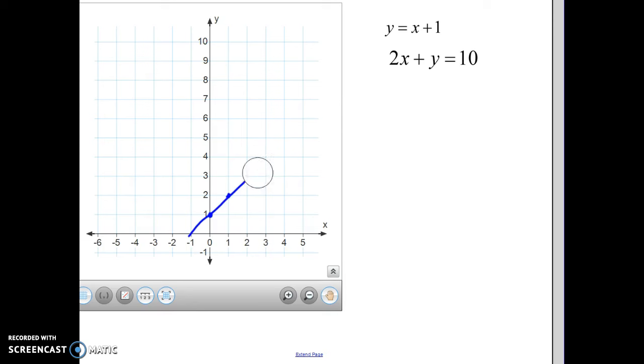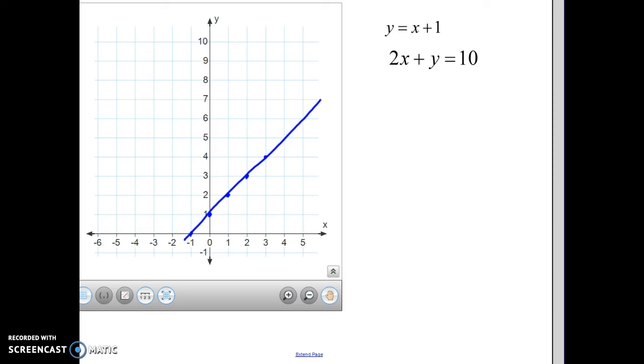Let me try that line again. That's a little better.